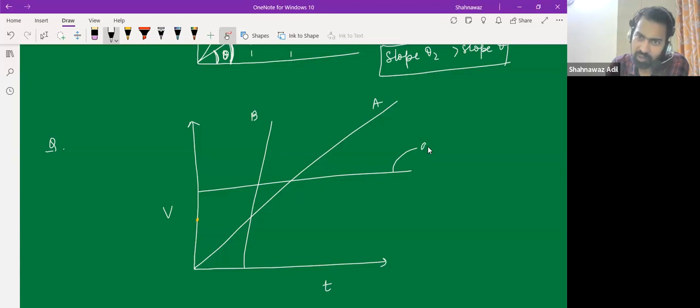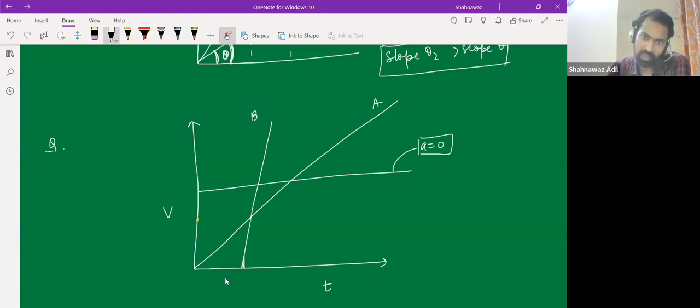Zero. Acceleration is 0. And which acceleration is bigger, A or B? Whenever I ask you which acceleration is bigger, you just think about the slope. So slope is angle. Which angle is bigger?